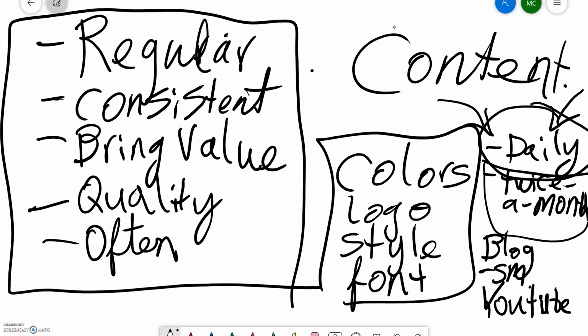Or maybe it's a sale, or it's a promotion, or it's a new product, or you're talking about how-tos or things like that, and in training someone to make this where it's regular, it's consistent, it brings value, it has some sort of quality, it's fresh, original content. You're not just taking and re-spitting out news, but you're actually digesting it and making it something new for a new audience, and that it's often.